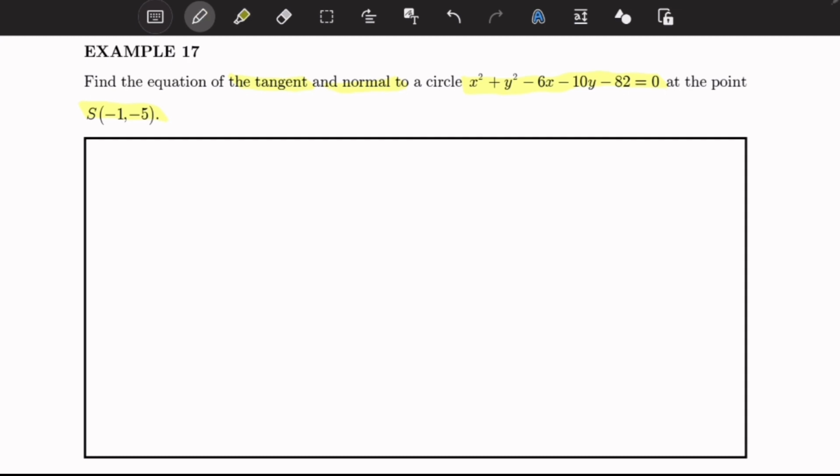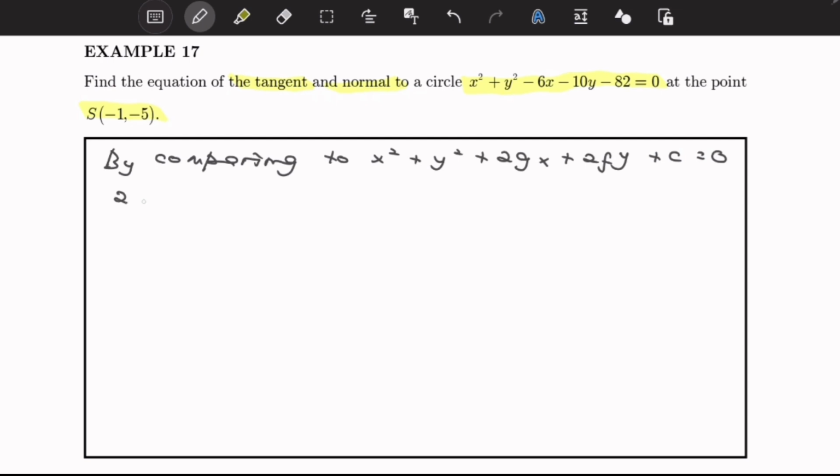So let's just compare the equation of the circle with the general equation x squared plus y squared plus 2gx plus 2fy plus c equal to 0.